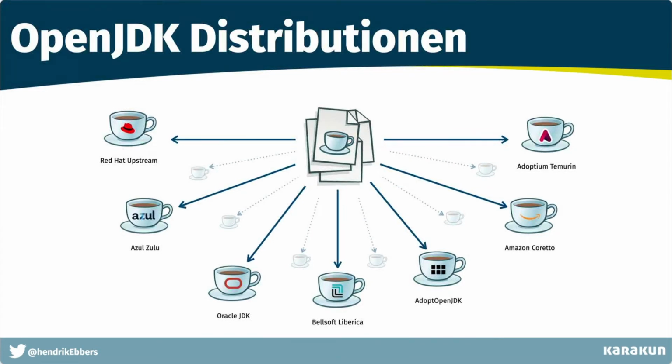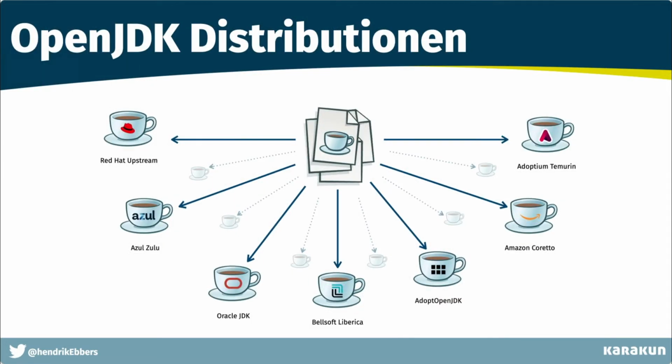Now you have a lot of Java distributions, OpenJDK distributions from different big companies, foundations, organizations. And all these distributions have different benefits, have a different scope where it might make sense to use them, and so on. We'll have a look at that later.